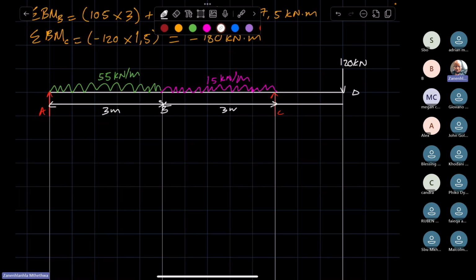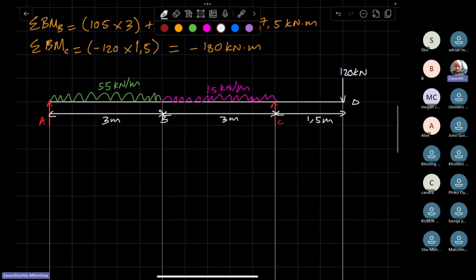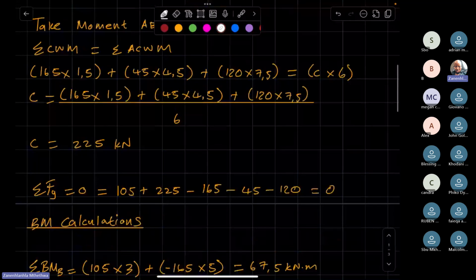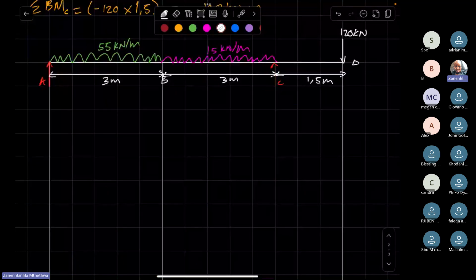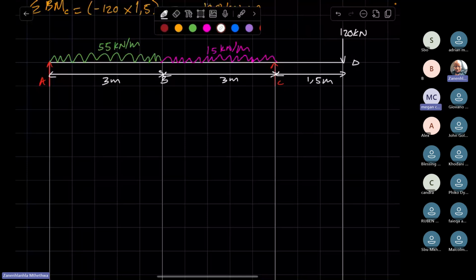That's 3. This one is 1.5. From here, you now can draw your shear force, and then after drawing your shear force, you draw your bending moment diagram. Are we clear?